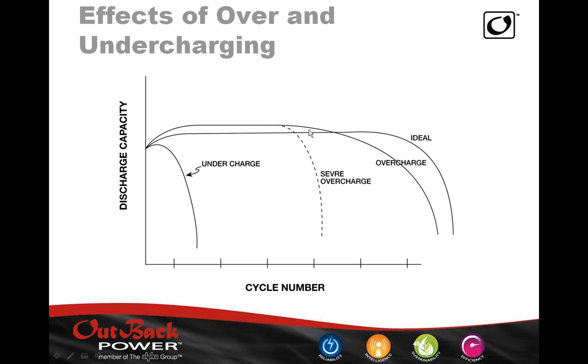If we overcharge the batteries, meaning we put in more than they actually need, we are going to reduce the life. If we severely overcharge the batteries, that's going to affect them as well. But if we undercharge the batteries, that is actually a lot more dangerous for them. They will die within months, and I've seen that happen too many times, unfortunately.